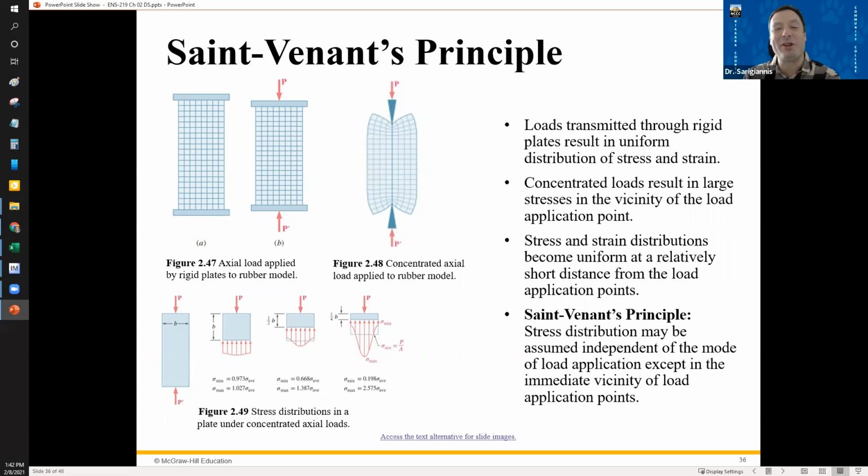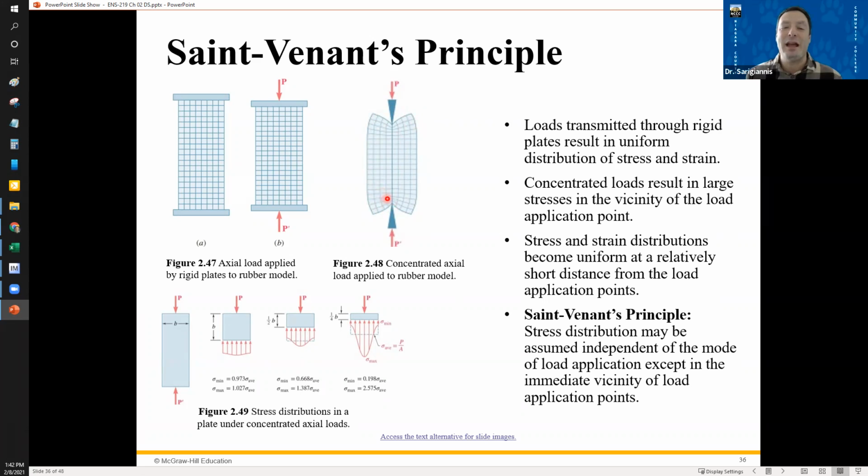He came up with this principle that basically, if you transmit a load through a rigid plate, it's going to result in a uniform distribution of stress and strain. And the principle is actually that concentrated loads result in large stresses in the vicinity of the application point.